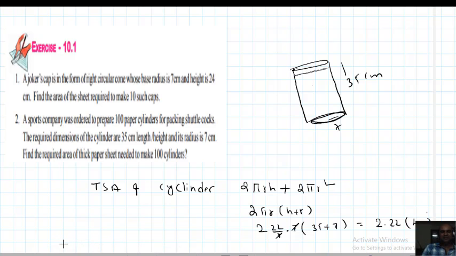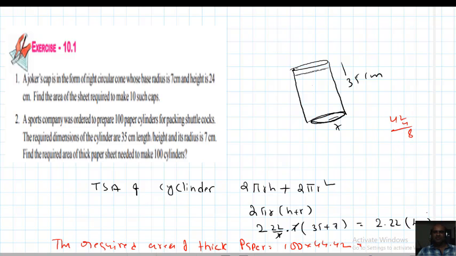Total surface area, yeah, the required area of thick paper equal to 100 into this 44 into 42 equal to, I will simplify here, 42 4 the 8, 16, 168, 8, 4 8.